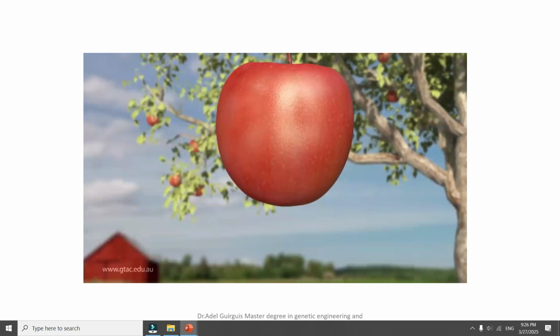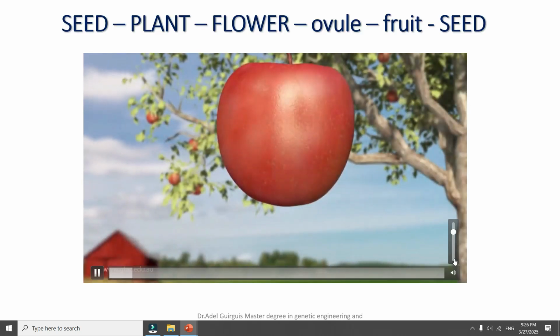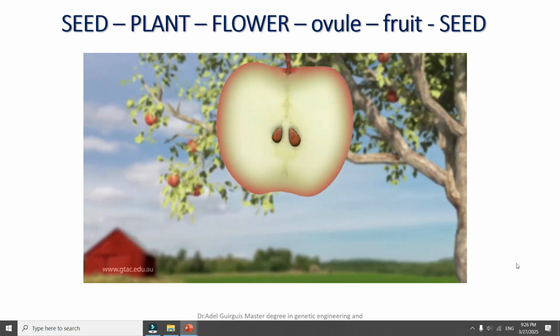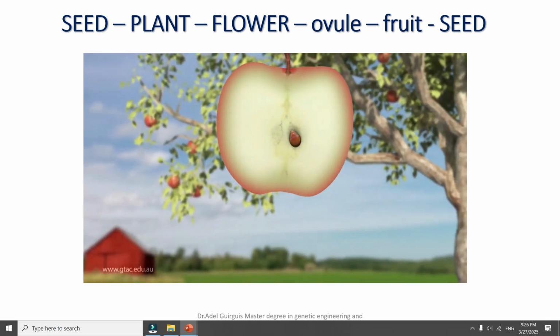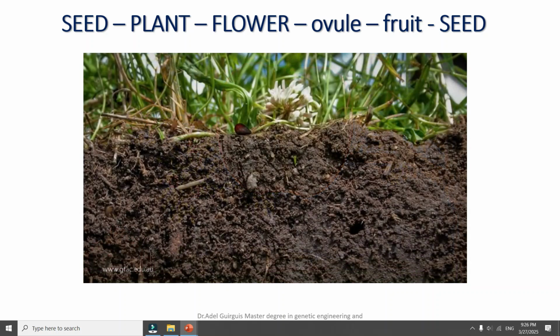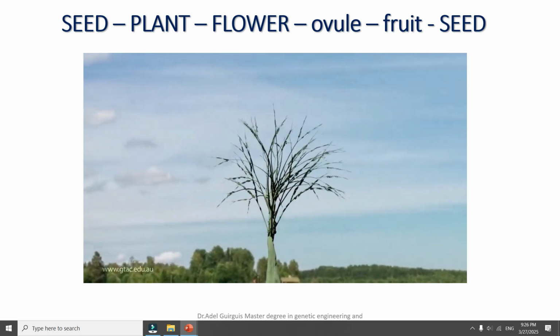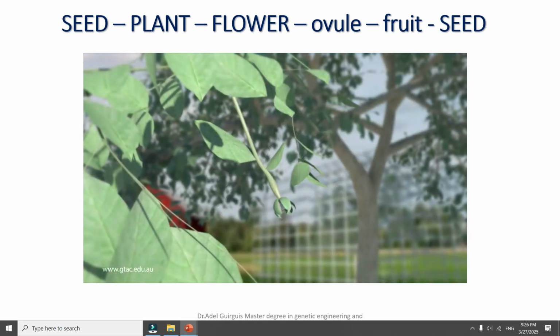Look at this video. Seeds germinate to form a seedling, then the plant becomes mature: seedling, young plant, then large tree.